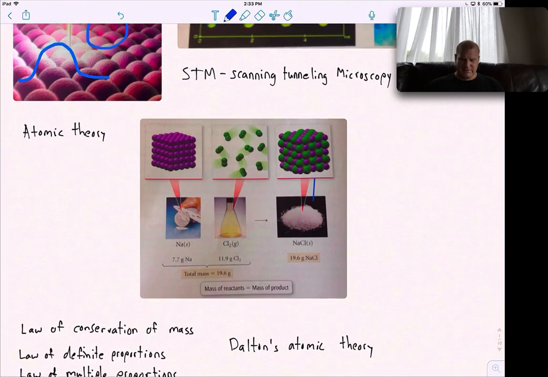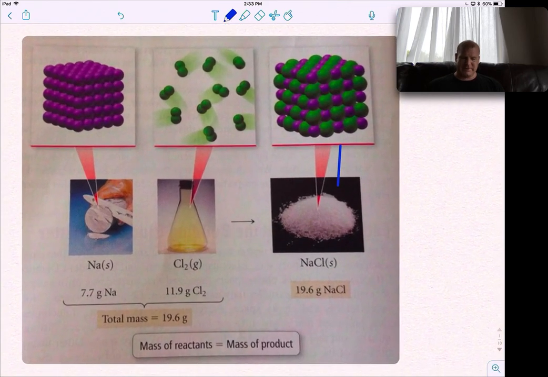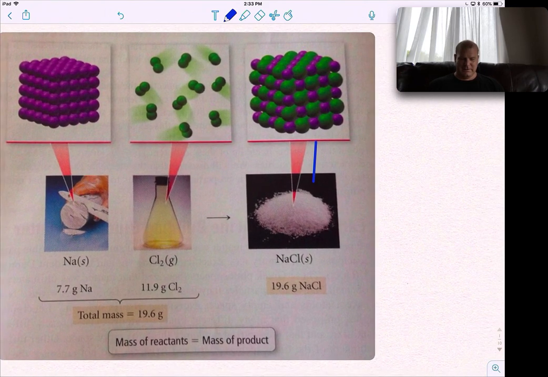let's look at this. What is one of the things with atomic theory? We talked about elements, we talked about mixtures and whatnot, and you have here the elements sodium and chlorine, and they can react to form sodium chloride. But when you do this chemical reaction, notice that 19.6 grams of sodium and chlorine react to form the same amount of product.